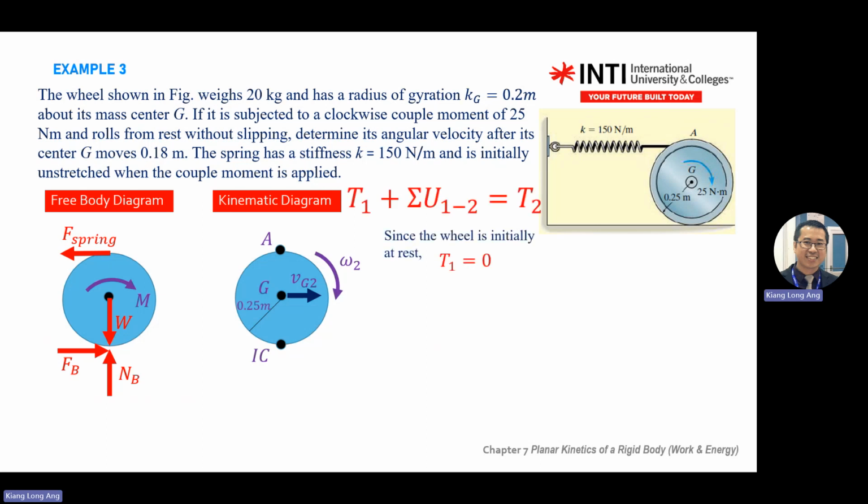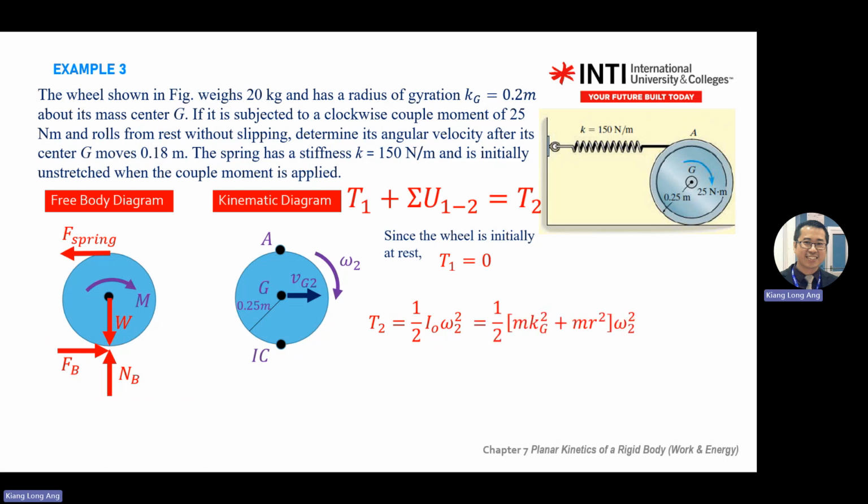So you find the kinetic force first. Kinetic force doesn't move, so 0. Again, if you're lazy, you just draw an arrow here, draw an arrow, 0. So what happens at the end of the process? There's a rotation. So we'll use rotation. T equals half I omega squared.